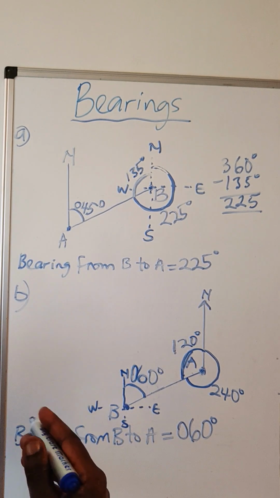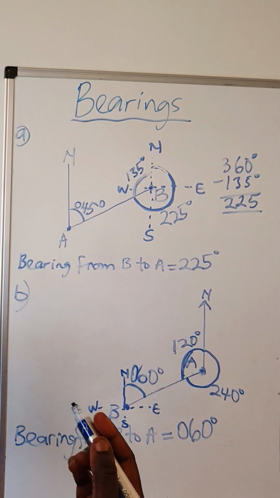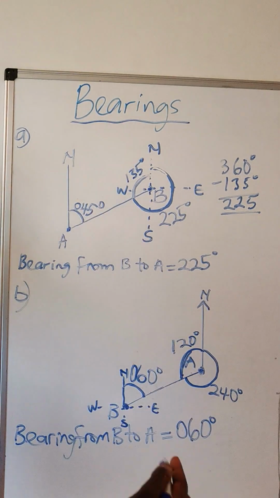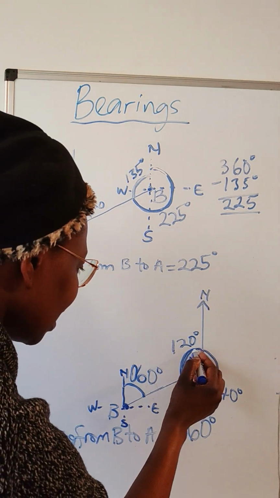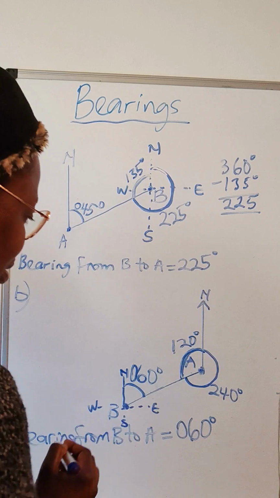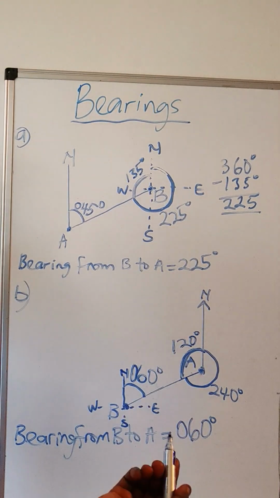Another method of calculating the bearing from B to A is the method of the co-interior angle. The angle here is the co-interior angle, and it adds up to 180 degrees.